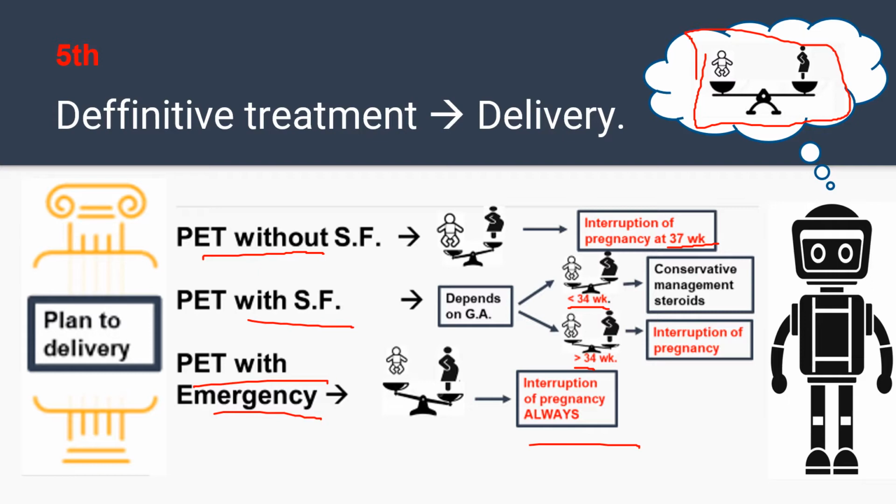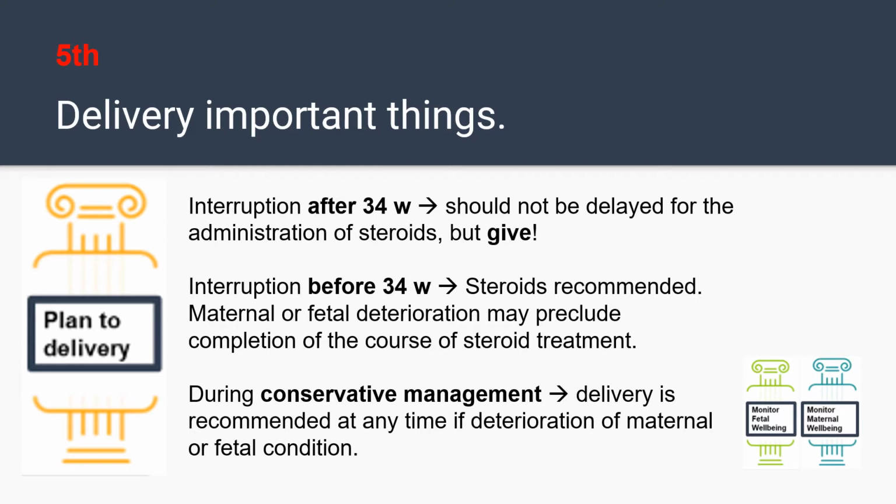So in this fifth pillar, what are the important things about the delivery? When the interruption of the pregnancy is after 34 weeks, you should not delay the interruption because of the administration of steroids. But I recommend you to keep the steroids. The concept here is that you don't have to delay the pregnancy finishing only because you are waiting the 24 hours for the steroids.